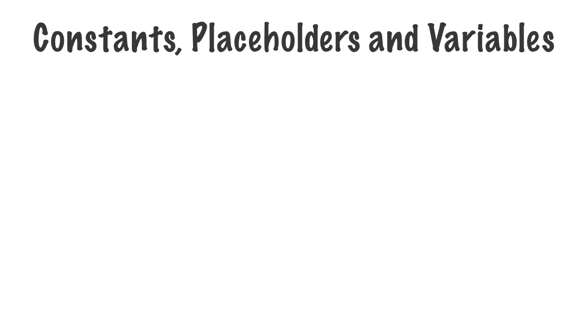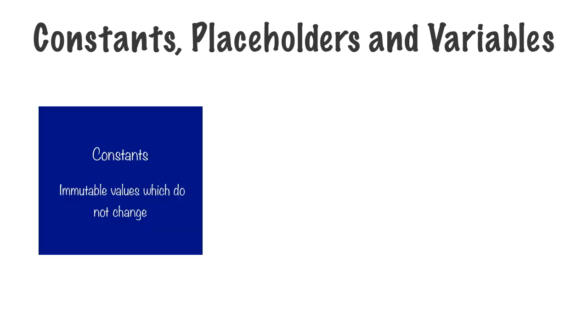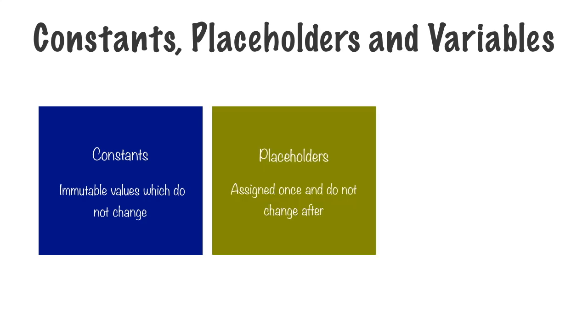Placeholders and variables, along with constants, are the three types of tensors or the three types of data items in TensorFlow. Constants are immutable values which do not change. Placeholders are input values which are going to be assigned once for one run of a model. They will not be changed after that. These are the inputs into the computation graph.